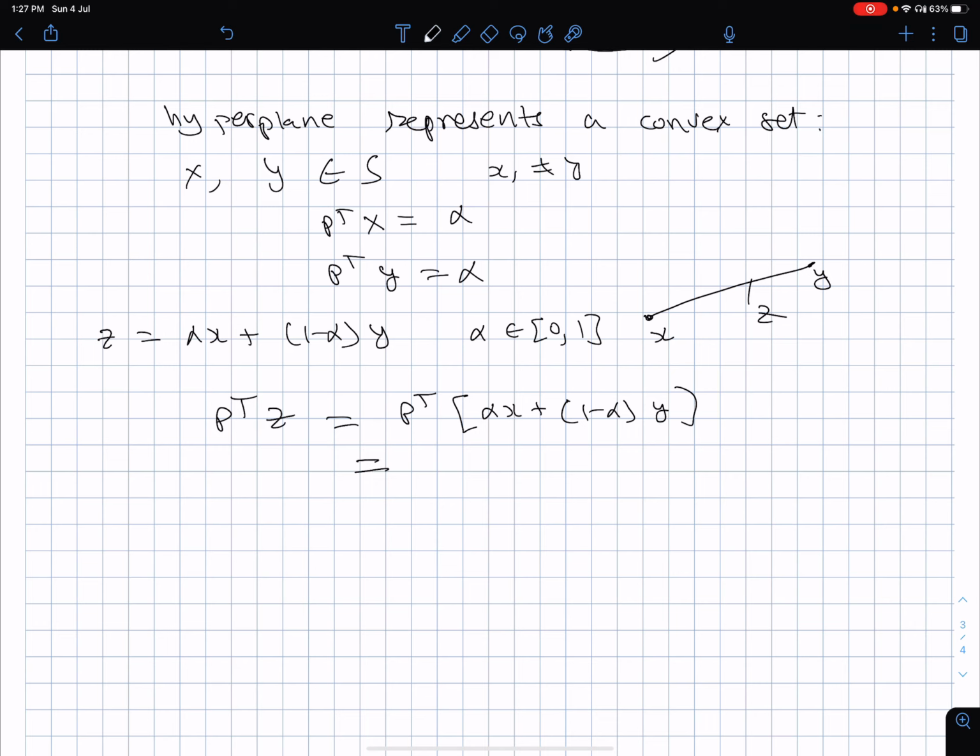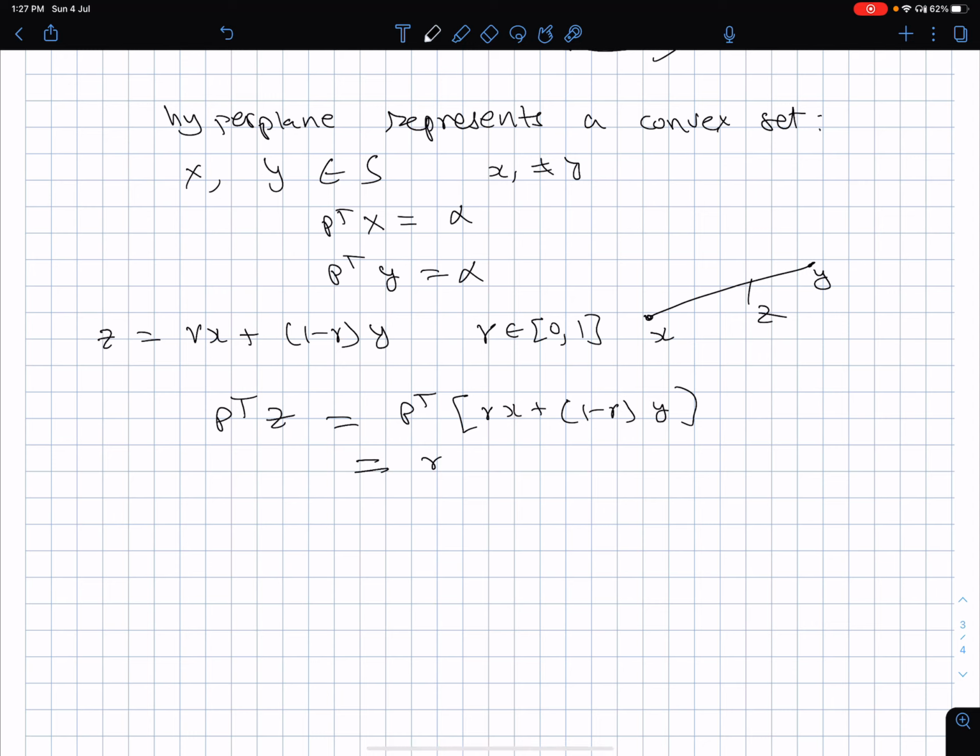But then, okay, let me now use gamma, because I have already used alpha in the definition of the hyperplane. For convex combination, let me use gamma as the variable.